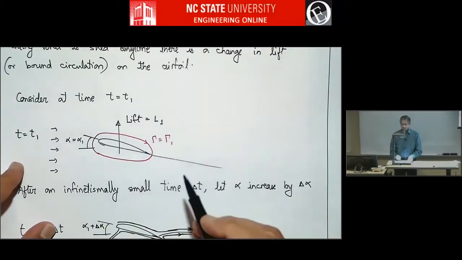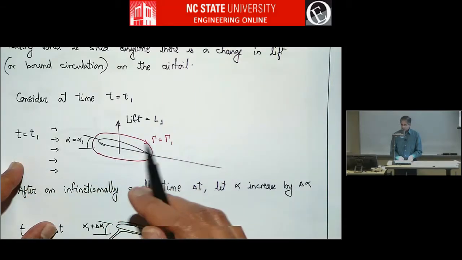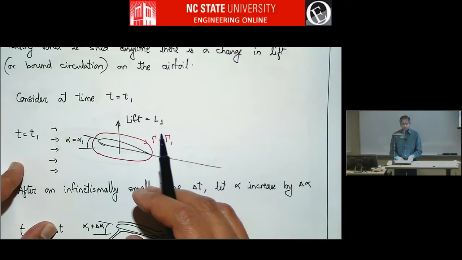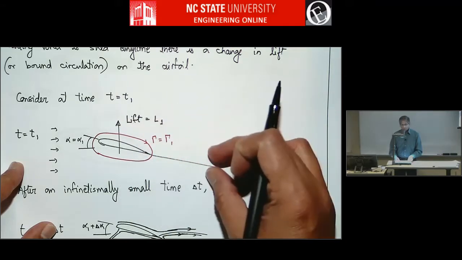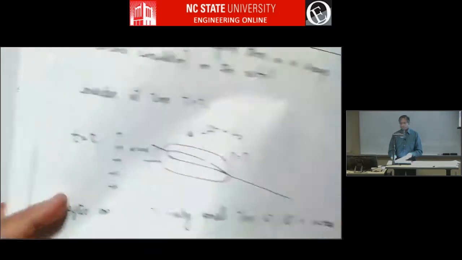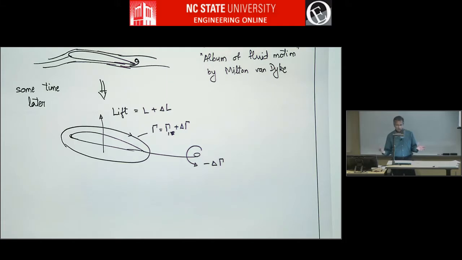Right? If you take this contour, this earlier time t equals t1, this was the gamma. But after delta t and after some time, all these particles would have moved down and they will envelope the starting vortex. And so total circulation remains conserved.